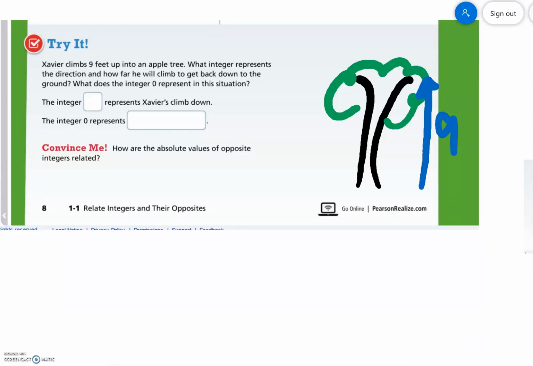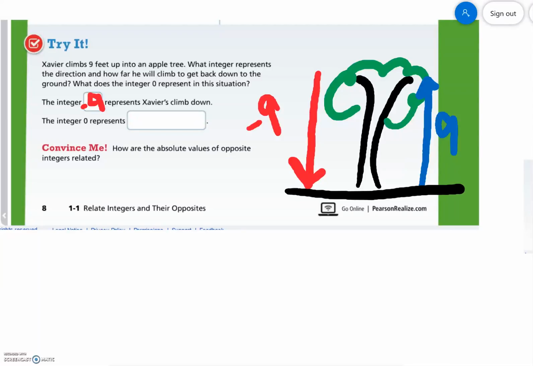So in order to get back down to where he started, well, what goes up must come down, so he's going to come down the same amount, but we're going to denote it with a negative because that means he went down. So the integer -9 represents Xavier's climb down. The integer 0 is where we started. That is the ground.